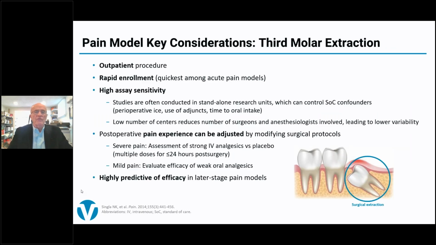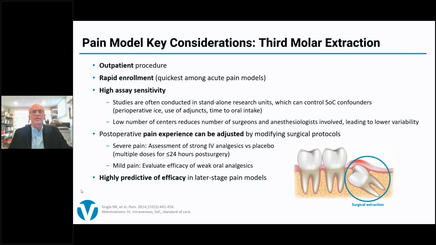So just as an overview, because you're going to get more of this from Dr. Gottlieb, or not this one, this is the third molar extraction. Just as an overview for the third molar extraction, because it's not our main focus today, I wanted to mention that this is generally an outpatient procedure, but when we use this model, the subjects are usually in-house for the period of time in which we're monitoring.